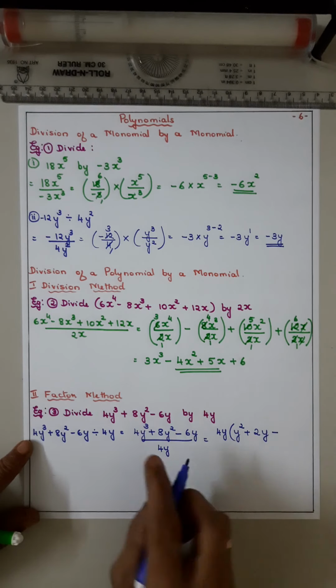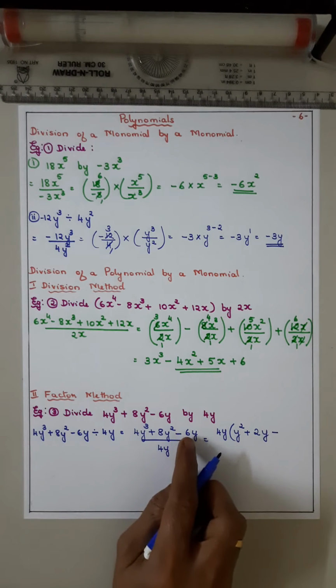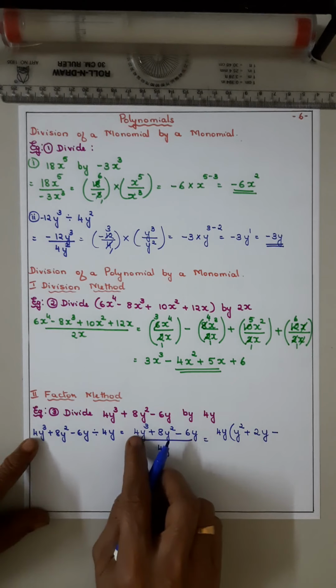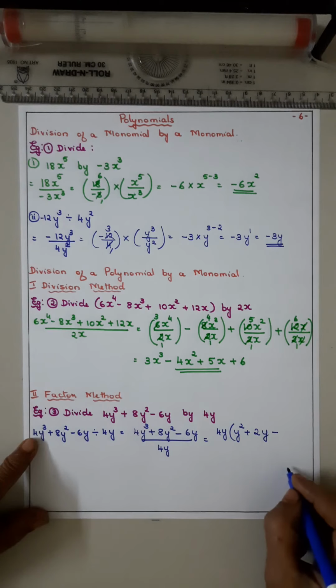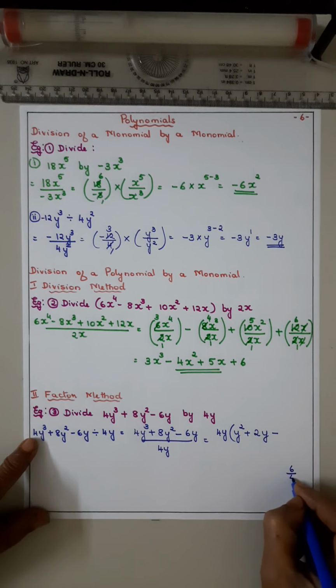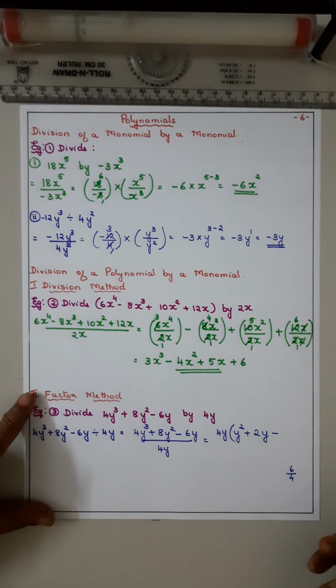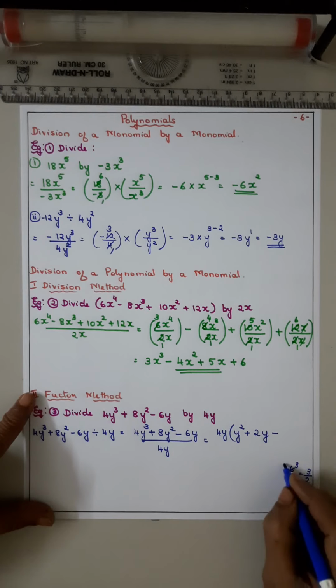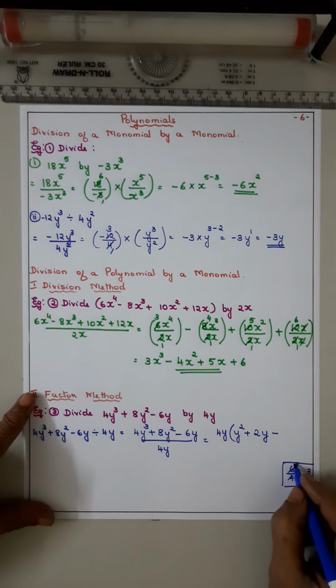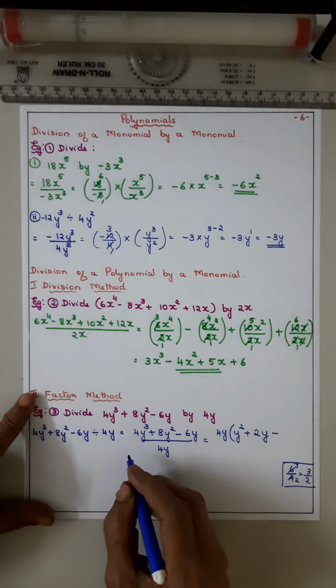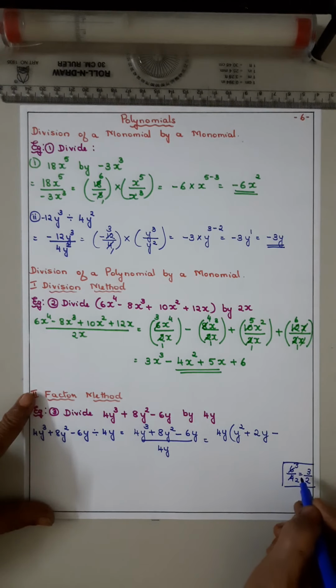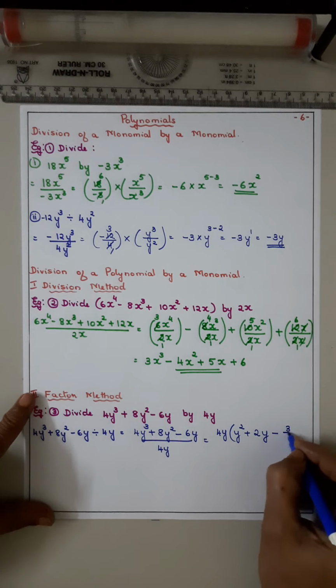Now 6: out of 6 we have taken 4 out. So 6 by 4, that means how much will be remaining? 2 twos are 4, 2 threes are 6. Understood? If you take 4 outside from 6, you will be getting 3 by 2.